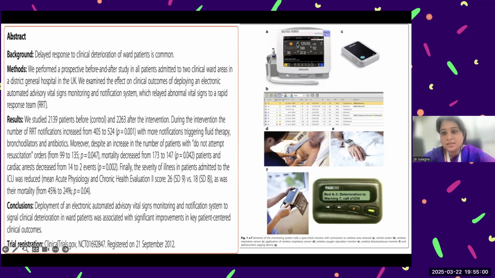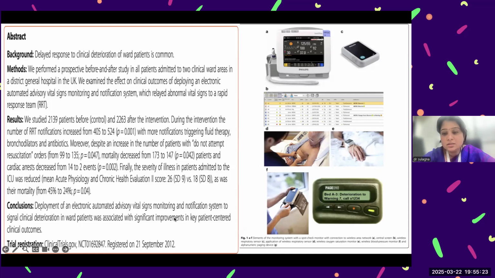We can see that this is the monitor, and these are the parameters that have been studied at frequent intervals. And this is a patch that has been attached. And this is another device that is integrated to monitor the SpO2, the pulse rate, and also the blood pressure. They can also measure the temperature and the humidity.